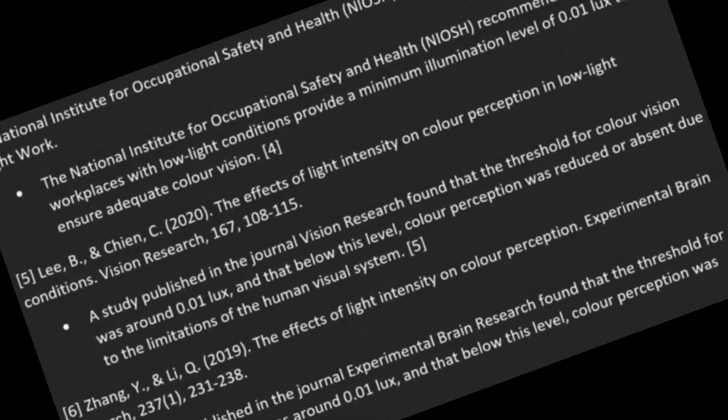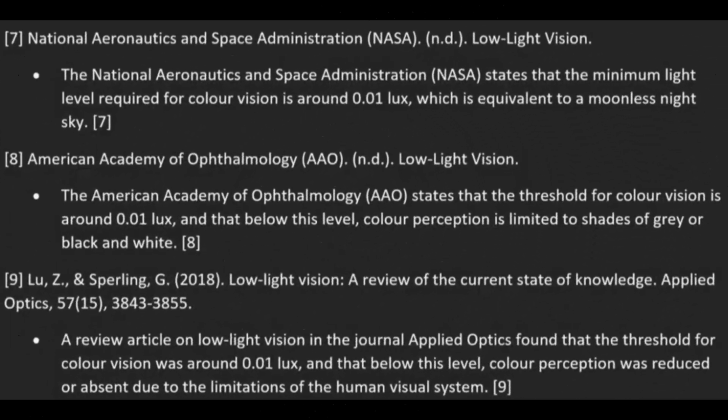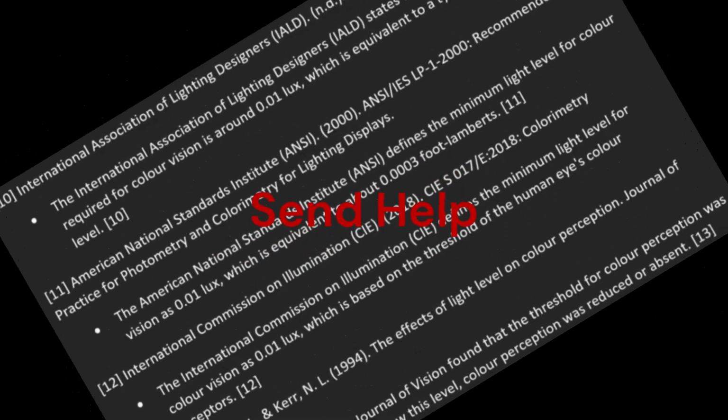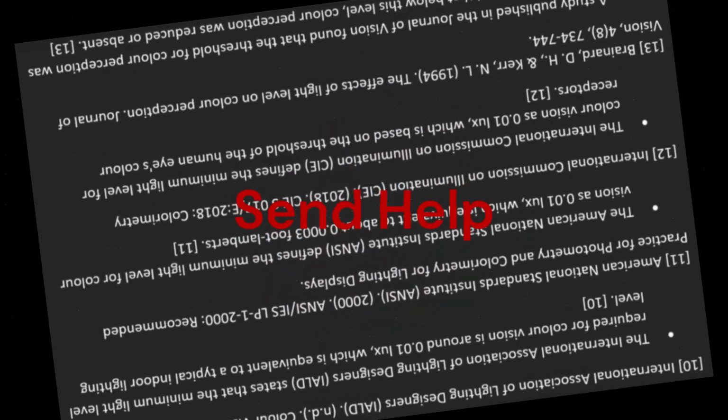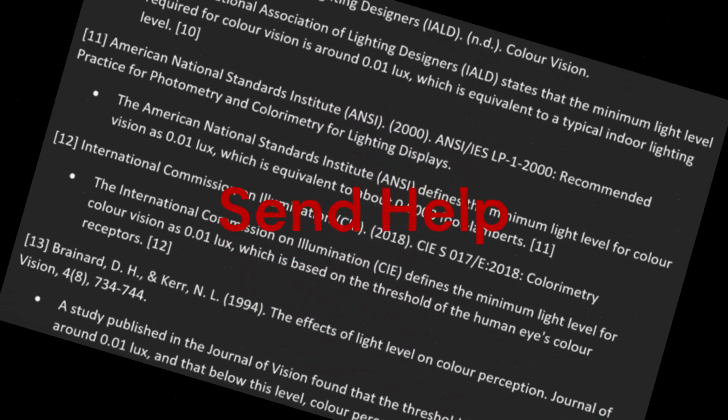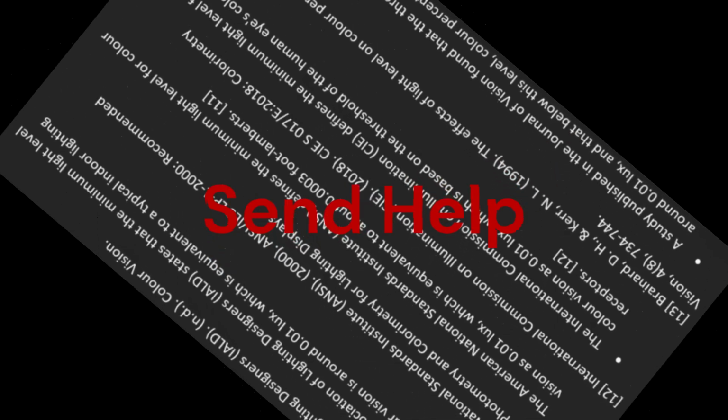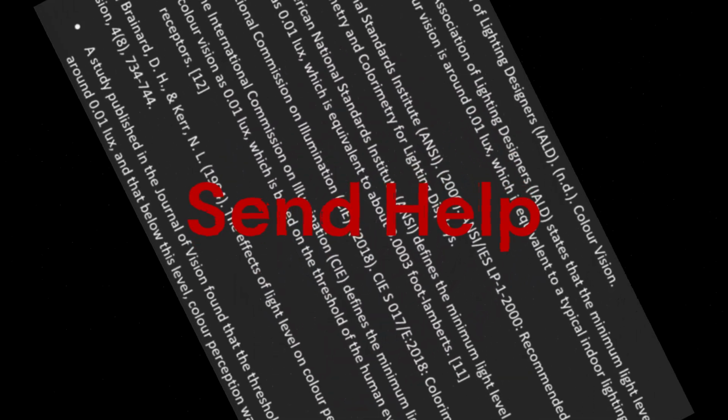A study published in the Journal of Experimental Thermal Research recommends that the threshold was around 0.01 lux, and that below 0.01 lux color perception was reduced or absent due to the limitations of the human visual system. The American International Convention of Illumination found that the minimum light level was around 0.01 lux.